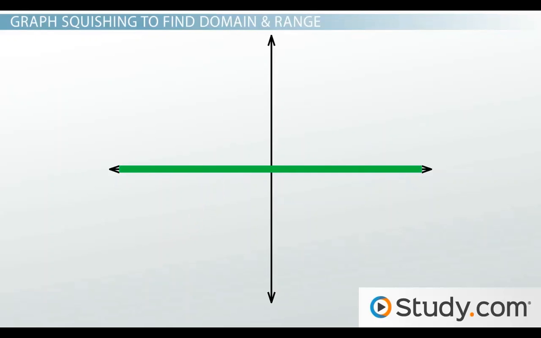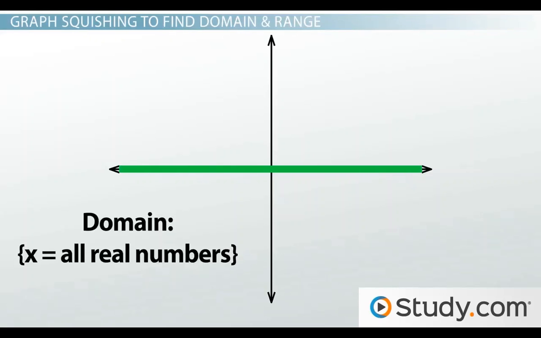Now the question becomes, what part of the axis have squished bits of the graph on it? Well, assuming this graph would continue on forever to the left and forever to the right, it looks like the whole thing has squished graph on it. This means that the domain of the function is everything, or all the real numbers.